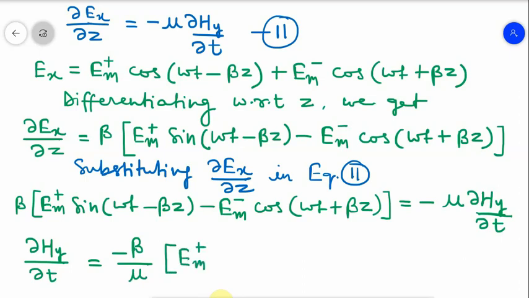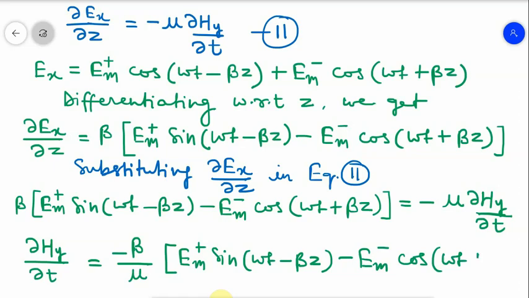So it is Em plus sine omega t minus beta z and minus this Em minus cos omega t plus beta z. Okay, so this is your del Hy upon del t.